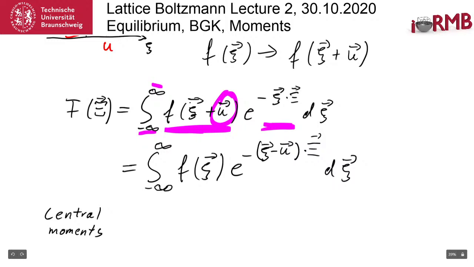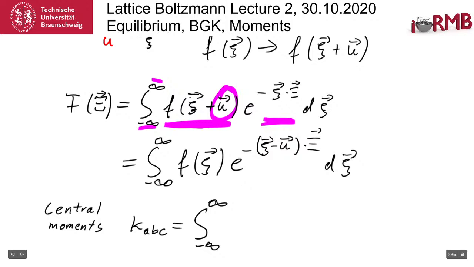I became used to writing them with K, as of course other people write them with different letters. Now if you integrate this out, you will end up with the integral from minus infinity to infinity of f of Xi minus u_x to the power of a, no, sorry. There are too many letters. I'm getting confused myself.